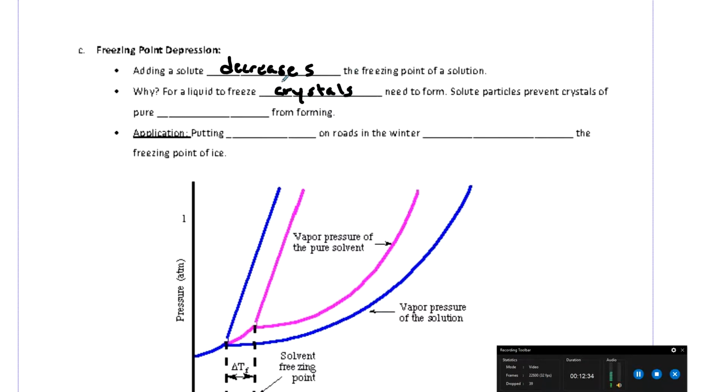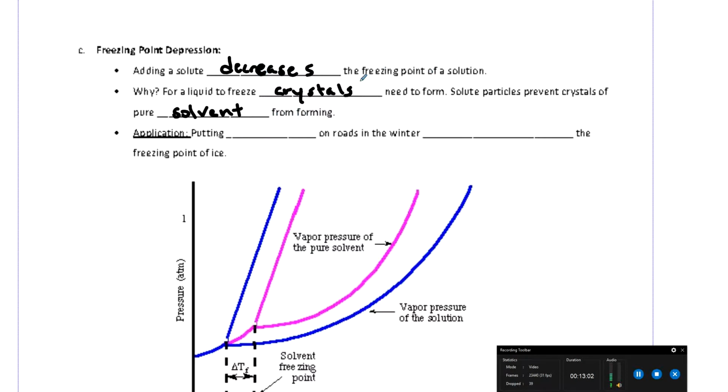And crystals are like a very ordered framework, almost like a lattice. When you add a solute, that disrupts that nice ordered lattice, and it prevents crystals of pure solvent from forming, or makes it more difficult because they disrupt that nice, neat pattern that happens when something freezes.